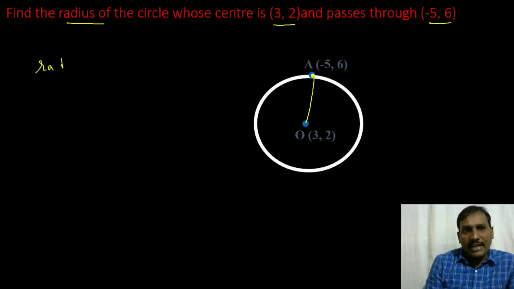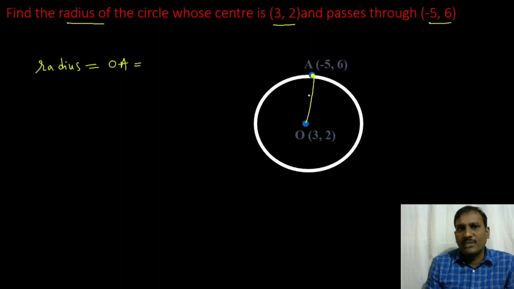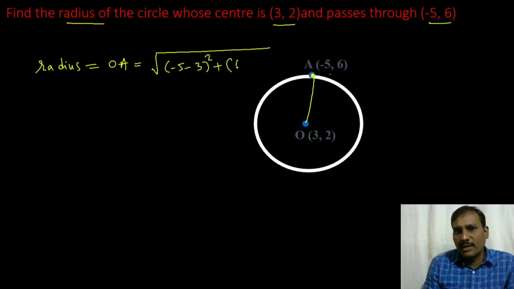So the radius is equal to OA, which means the distance between 3 comma 2 and minus 5 comma 6. That is square root of (x2 minus x1) whole square, (minus 5 minus 3) whole square, plus (y2 minus y1) whole square, (6 minus 2) whole square. So minus 5 minus 3 is minus 8 whole square plus 6 minus 2 is 4 square.